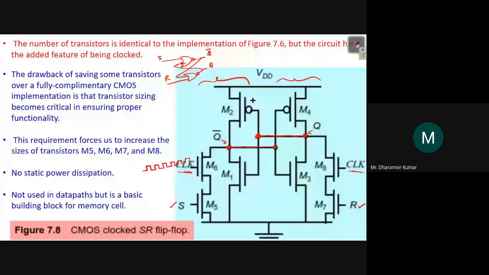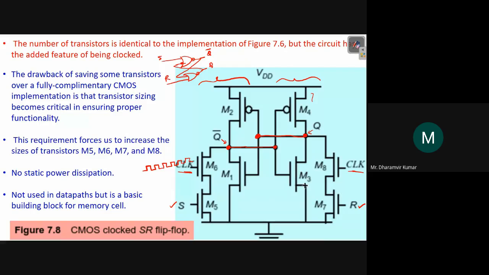Then we see that in the pull down, pull up, we are having just one PMOS, that is sufficient. If we had done this with fully complementary CMOS, we might have needed 3 PMOS transistors here and 3 PMOS transistors here, because there are 3 NMOS transistors in the pull down network.